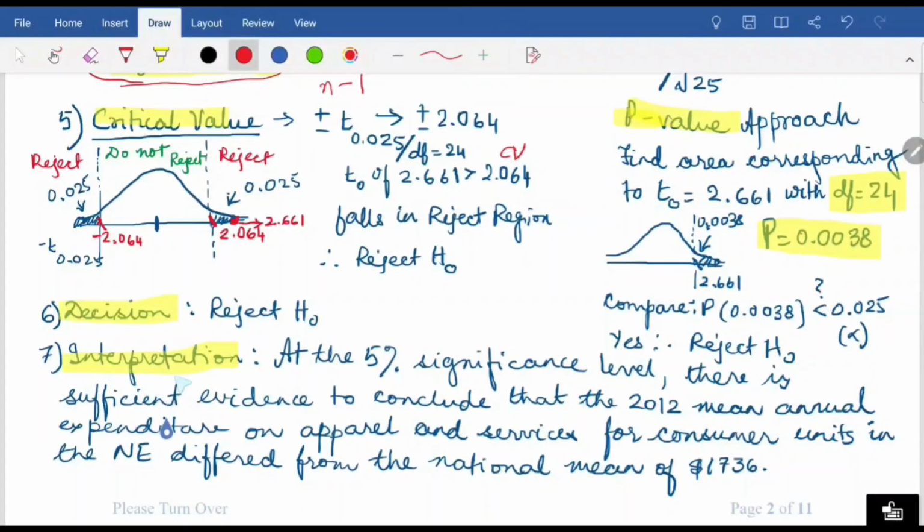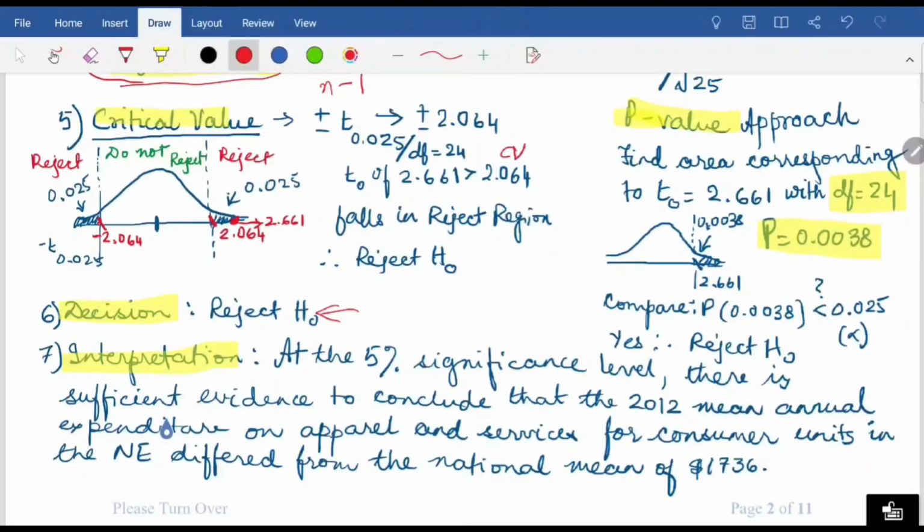It's very important in the last step, which is to interpret it. And the way you interpret it is at the 5% significance level, there is sufficient evidence. If it's a reject decision, the data was strong enough to reject the null hypothesis.